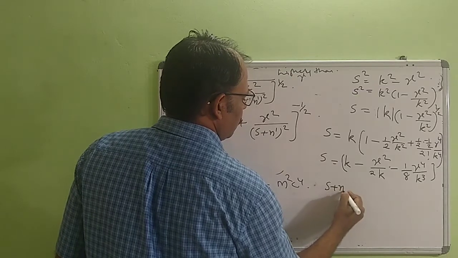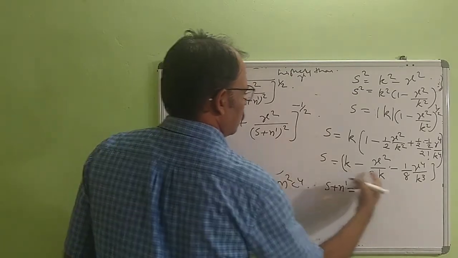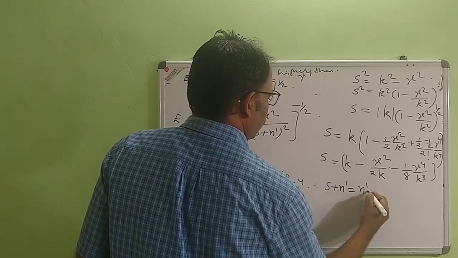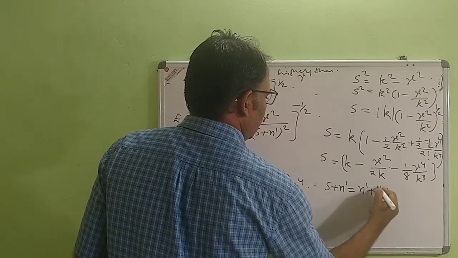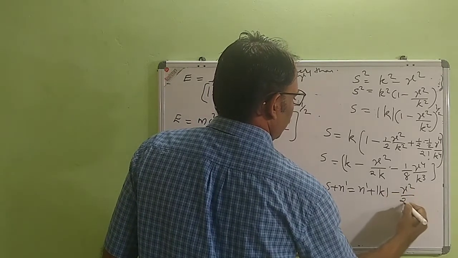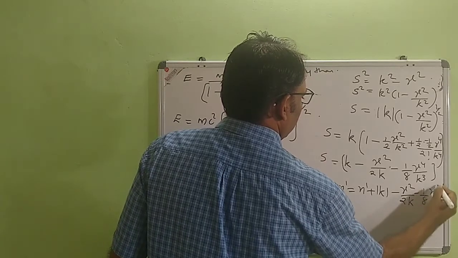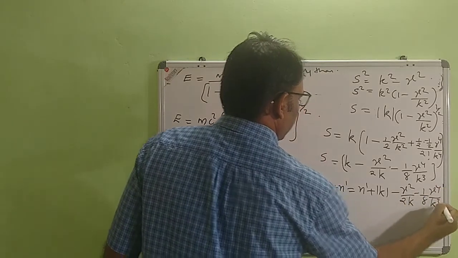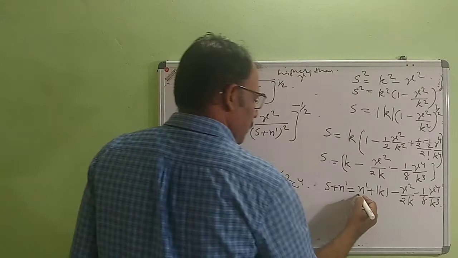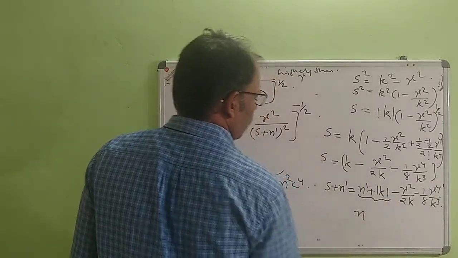So s plus n prime, I can write it as s plus n prime. So with this add n prime. So n prime plus k minus gamma square by 2k mod k minus 1 by 8 gamma raised to 4 by k cube. This n prime plus k, that is a new quantum number. I am taking the total quantum number n.